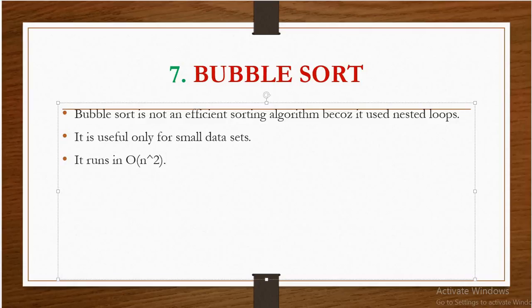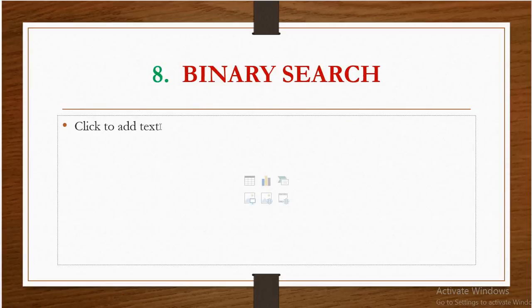Now next we are going to discuss binary search. Binary search is an algorithm that we can use for searching an array of elements. From an array of elements we can search for any element and find on which index it is available.